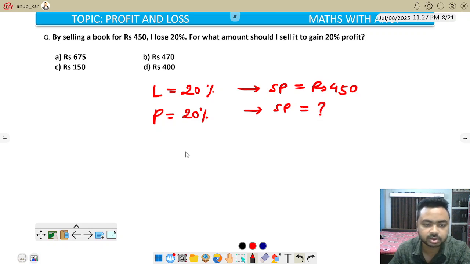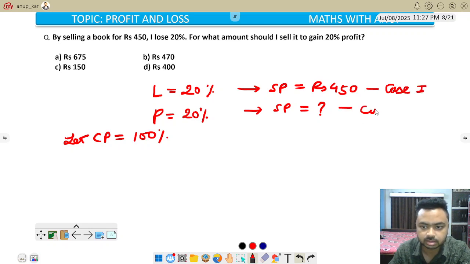So here we apply the 100 method. Okay, so let cost price equal to 100%. Okay, now for case 1, what will be my selling price? So let's suppose this is my case 1, this is my case 2.